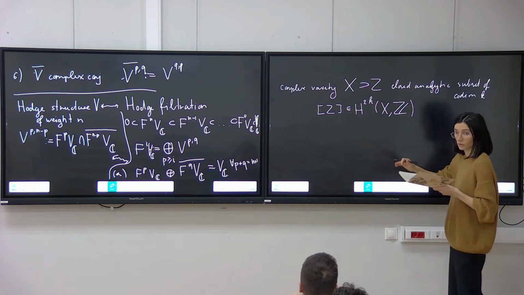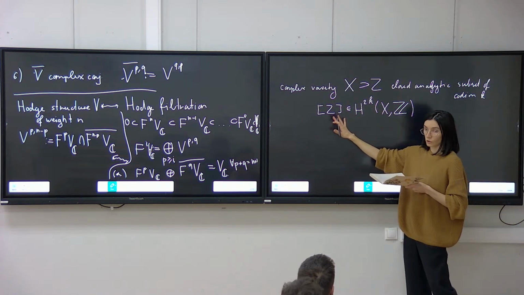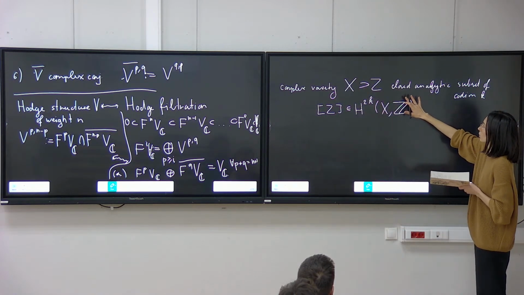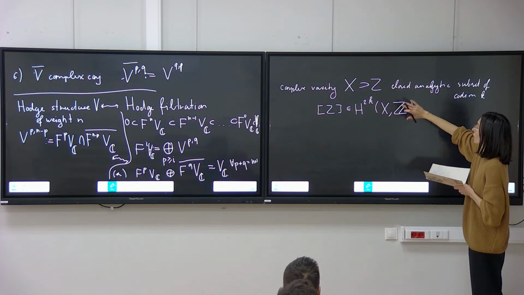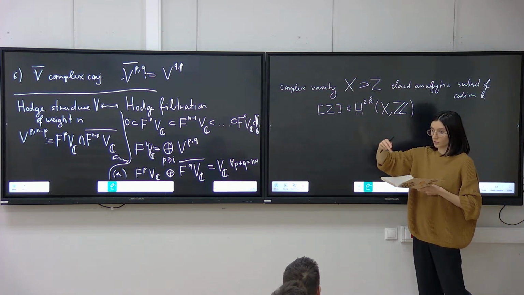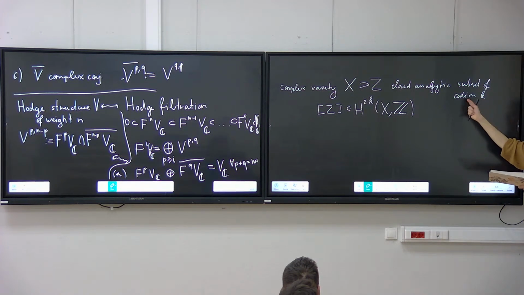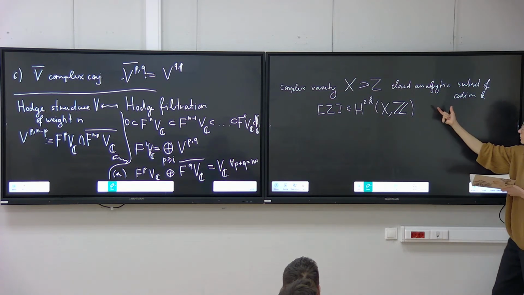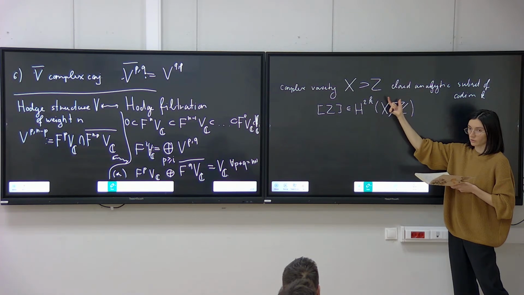Is it any complex variety or Kähler, compact? It can be even non-smooth. So here we just should consider an analytic subset that is closed, and analytic means that locally it is given by zeros of holomorphic functions. Here, if we have codimension k, then locally it's given by the zero locus of k holomorphic functions.